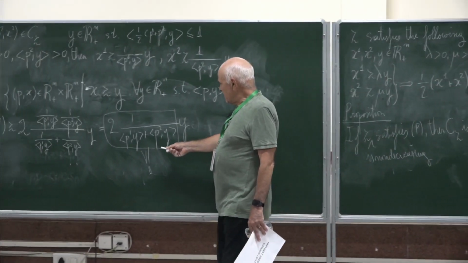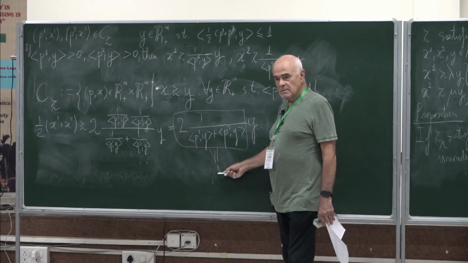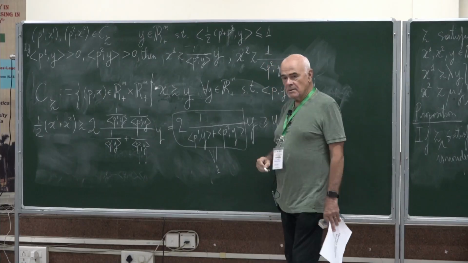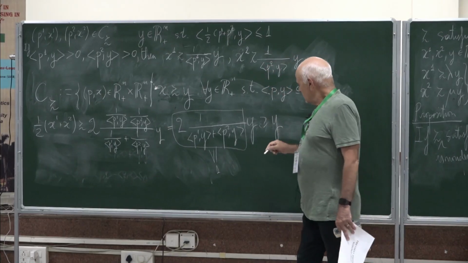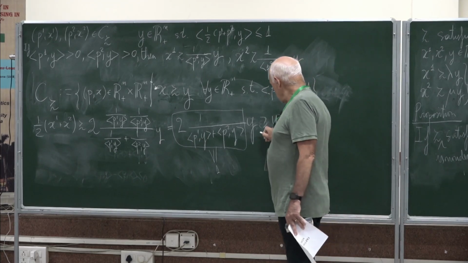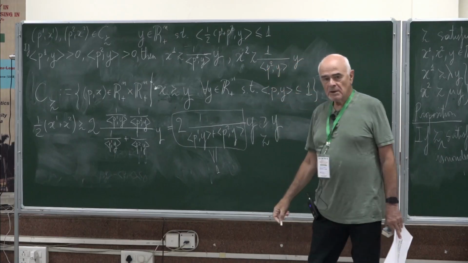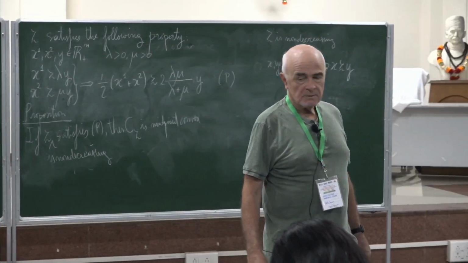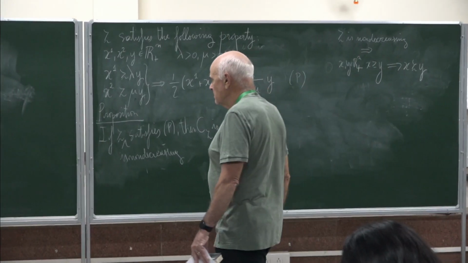Because this is greater than or equal to 1, this times y is greater or equal to y. But now, if more is better, being greater than y means that this is preferred to y. Okay?